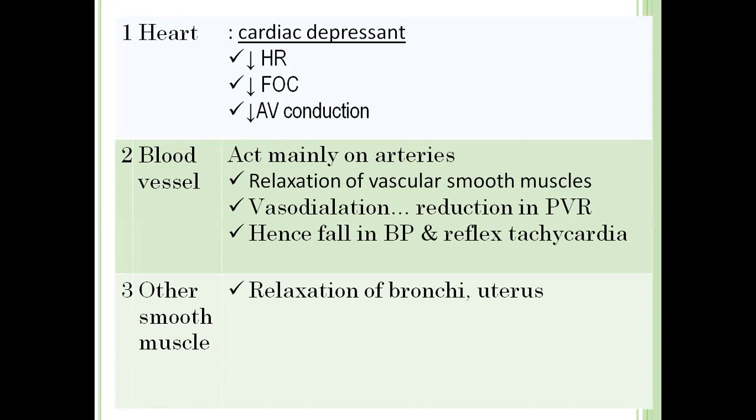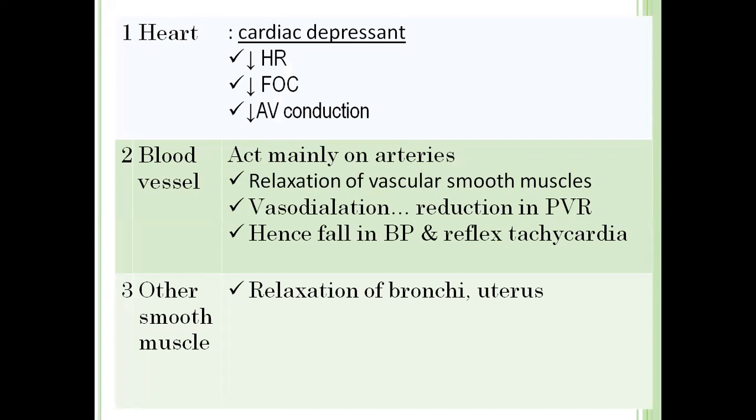So calcium channel blockers produce vasodilation that will result in reduction in peripheral vascular resistance. As a result, calcium channel blockers reduce heart rate, force of contraction, AV conduction, and peripheral vascular resistance. The overall effects will lead to a fall in blood pressure.